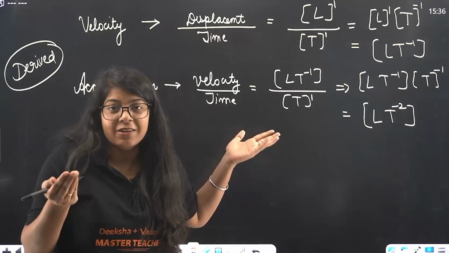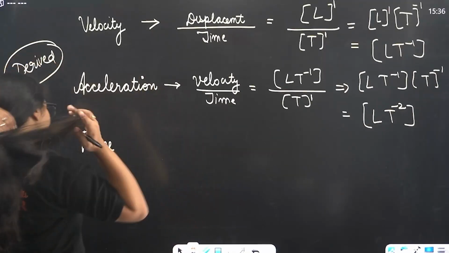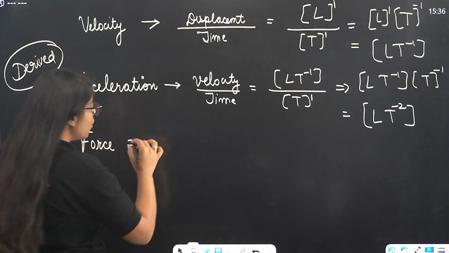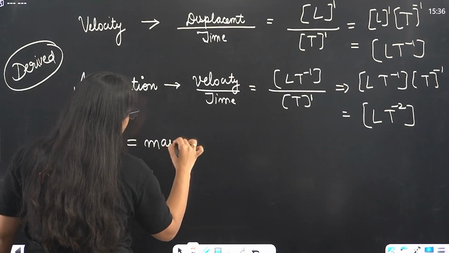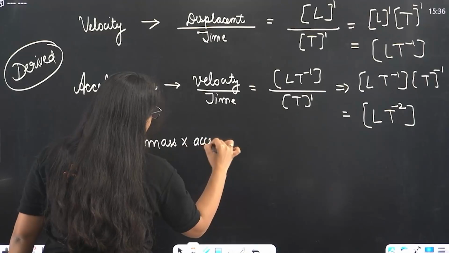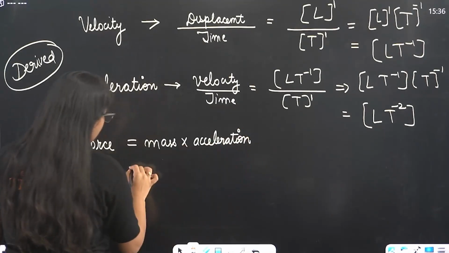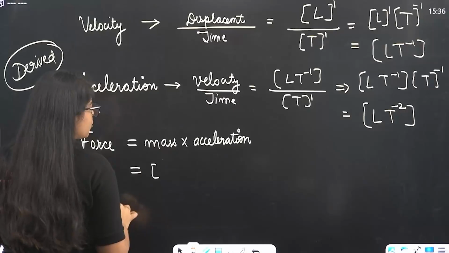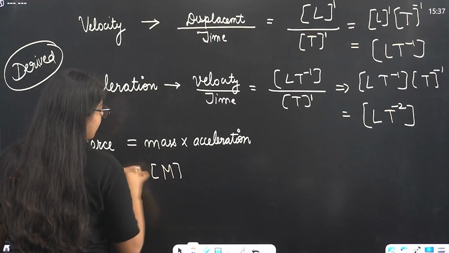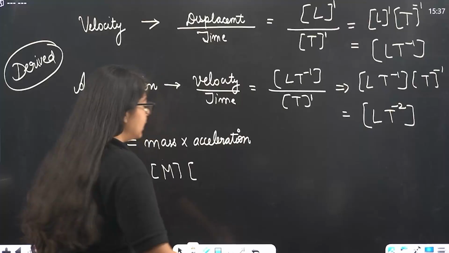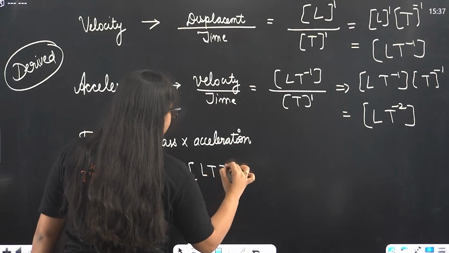Now again, it can be a little boring, but it is interesting. Mathematics is a little interesting. Okay. Then beta, you have force. Force is what? Ma'am, which is the formula of force? Mass into acceleration. Now, mass, what was the dimension of mass? Ma'am, it was simply m. What was the dimension of acceleration? We just found out, LT minus 2.